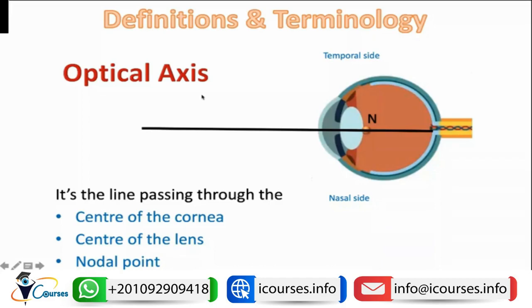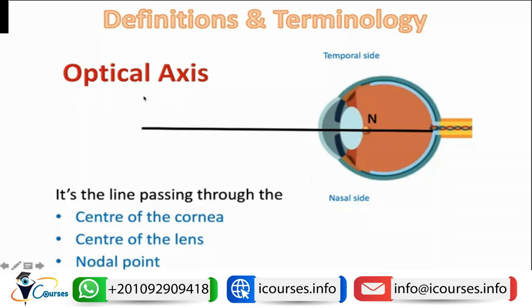The optical axis is a line that is passing through the center of the cornea and the center of the lens and pass also with the nodal point. So any line that passes within the nodal point will pass undeviated, as we know. So if this line is passing also within the center of the cornea, then this is called the optical axis.